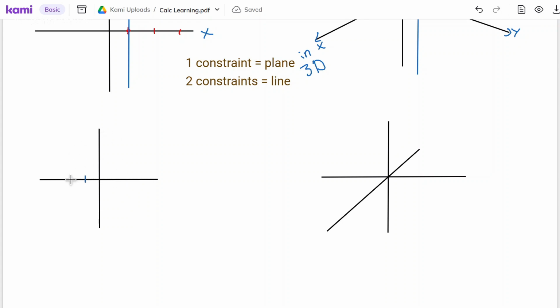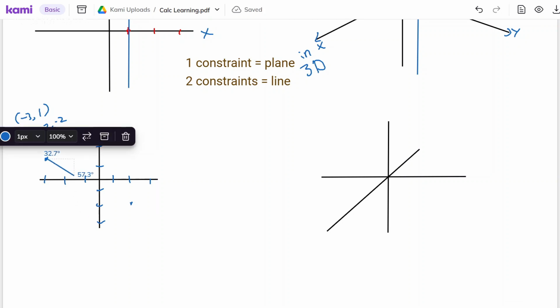Imagine I start at this point over here where x is -3 and y is 1, and I move to this point, a random point, where x is 2 and y is -2. This is the easiest way to get there, or the fastest way I'd say to get there. It's going to be in a straight line from that point to that point. And it's as simple as that. It's a vector. That's how easy vectors are.